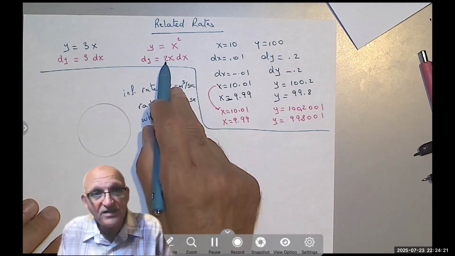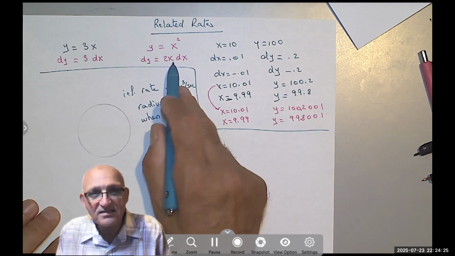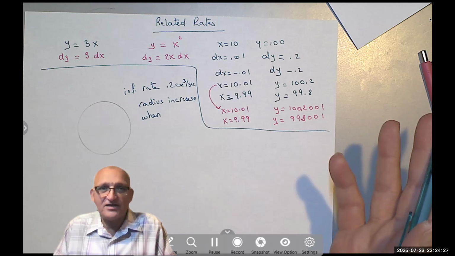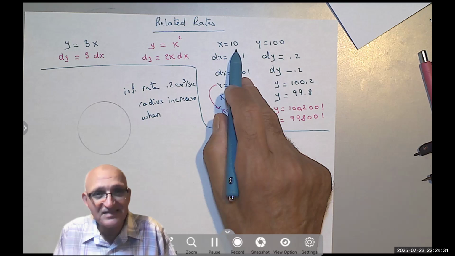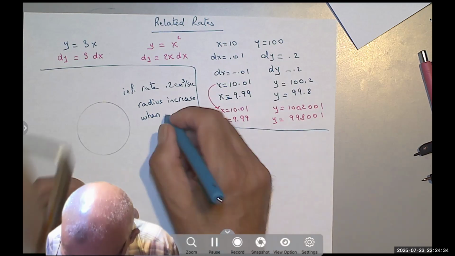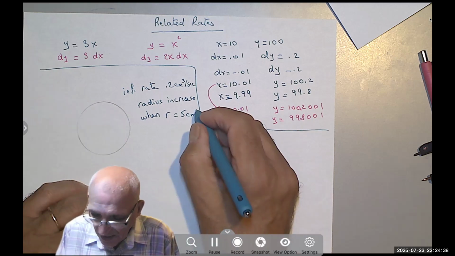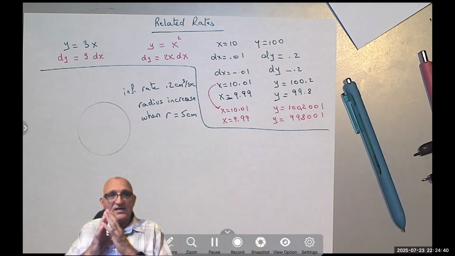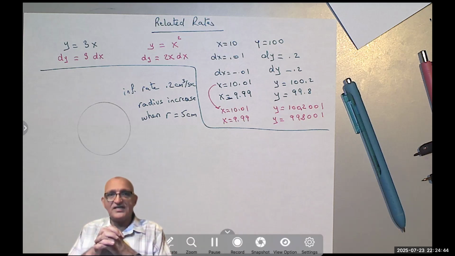You give me the rate of increase as 2x, but you didn't give me a value for x. So I can give you a generic equation, but I cannot give you a specific number. So when r, for example, equals 5 centimeters, what is the rate of increase of r when currently it's 5 centimeters?